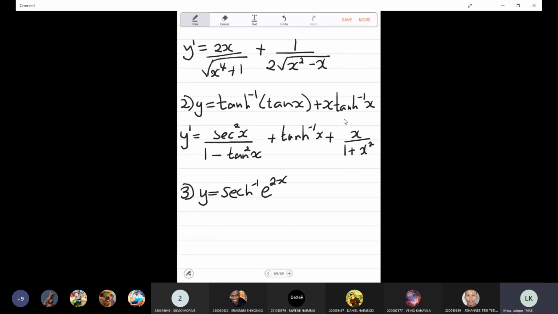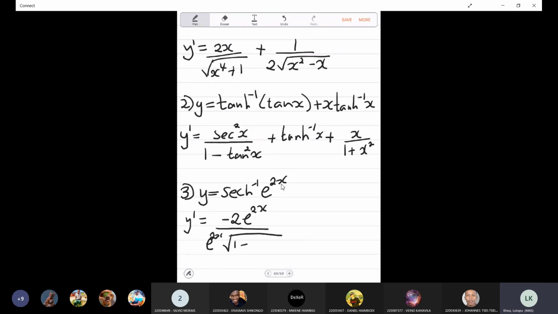So differentiate this one, y prime, the derivative of sech inverse. On the numerator, we have the derivative of e to the power of 2x, so we have negative 2e to the power of 2x. Then in the denominator, we have the function as it is, then the square root of 1 minus the function squared.